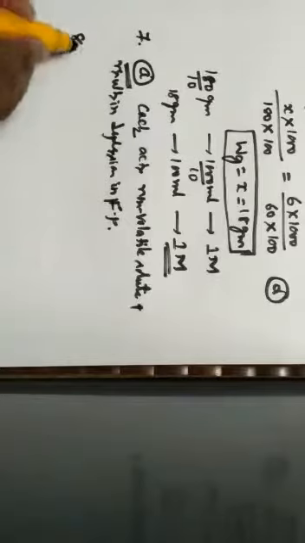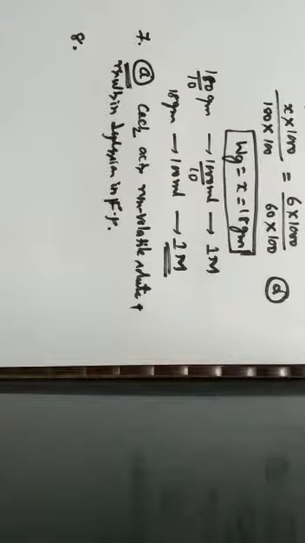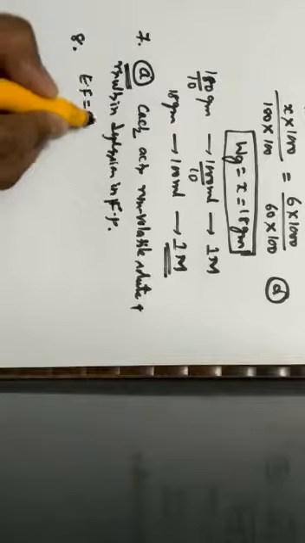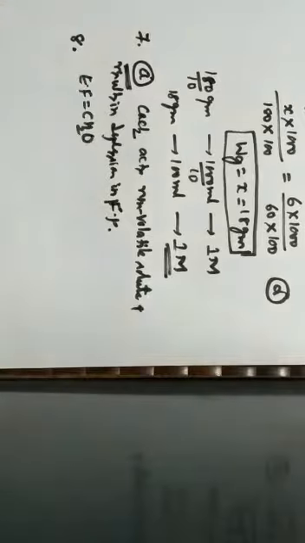Next one, question number 8. The empirical formula of a non-electrolyte is CH2O. They have given that the empirical formula of a non-electrolyte is CH2O. A solution containing 6 grams of the compound exerts the same osmotic pressure.